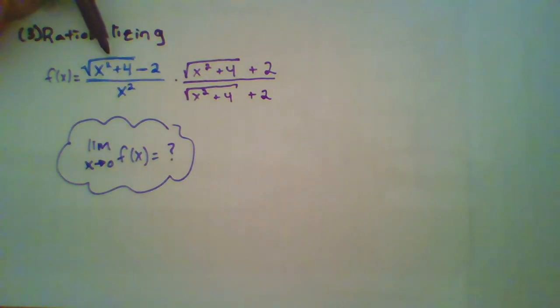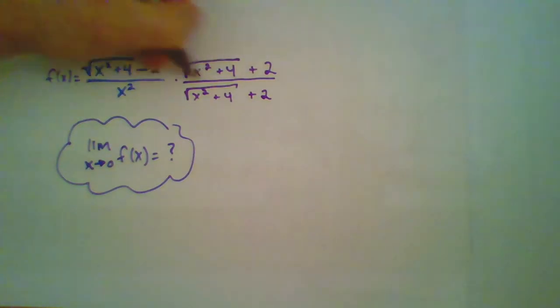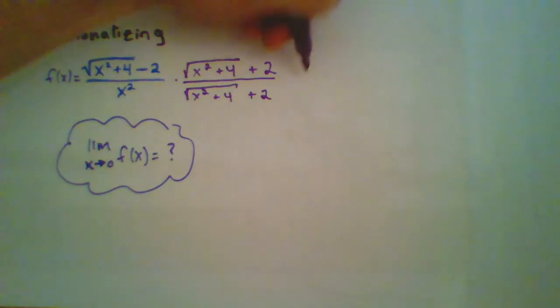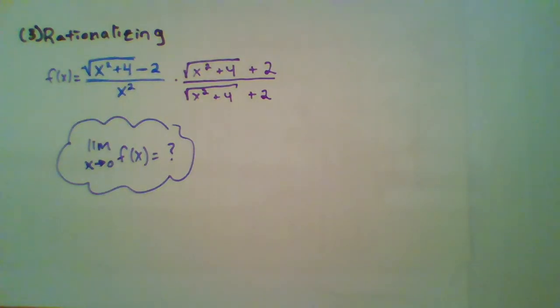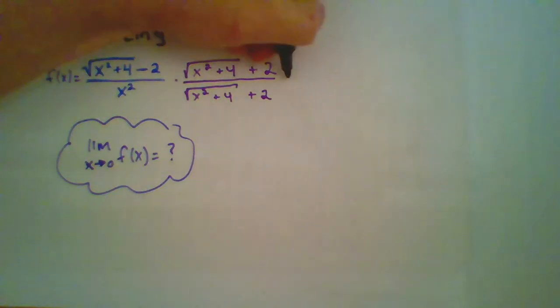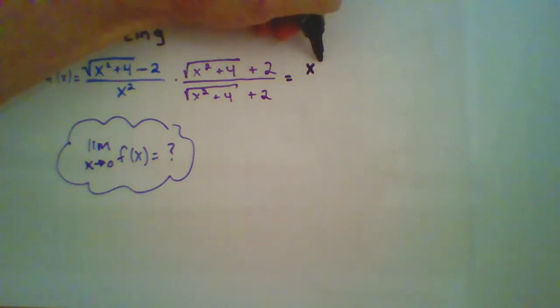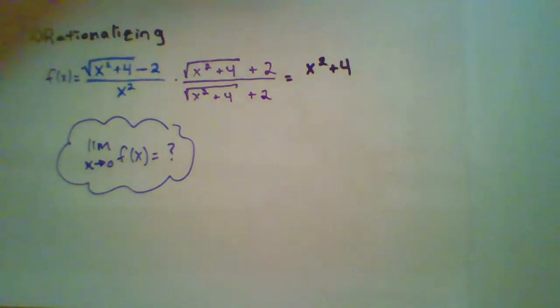Let's see, if you multiply this radical expression by itself, it's squaring a square root. So effectively that cancels out the square root. So this times this would equal just x squared plus 4.